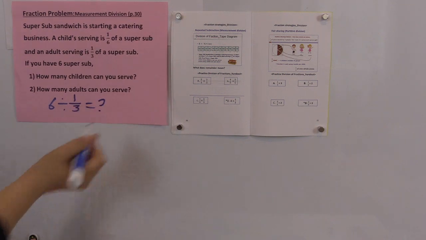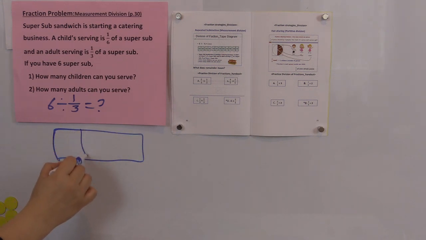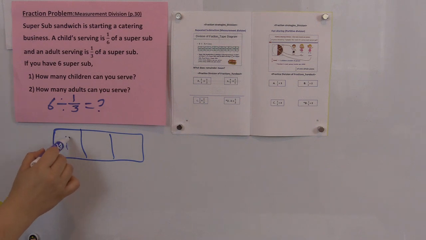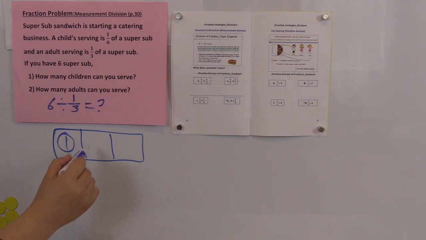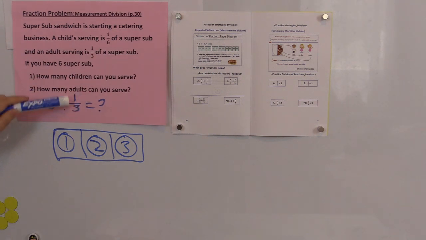I want to find out how many people I can serve. That's what we're trying to find out. So think about that. This is 1 super sub, right? And I'm going to have 1/3 servings, so I can give 1 adult, I can give a second person, I can serve a third person with 1 super sub. This is what we are going to do. So we are trying to find out how many groups of 1/3 can fit into 6.